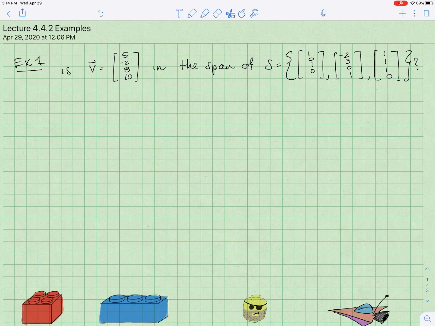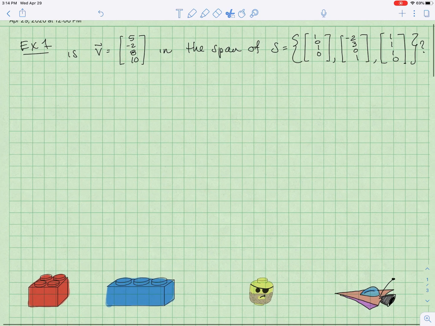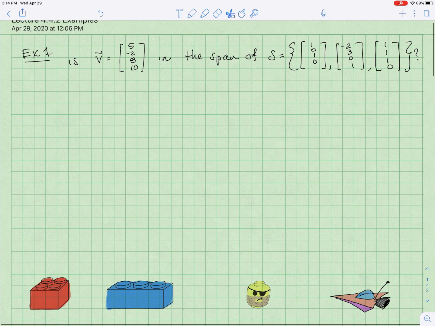All right, let's take a look at some examples of span. I've got my Legos down here, right? It's a pretty sweet Lego set, thanks. So the question is: is the vector v equal to (5, -2, 8, 10) in the span of these three vectors in S? (1, 0, 1, 0), (-2, 3, 0, 1), and (1, 1, 1, 0).